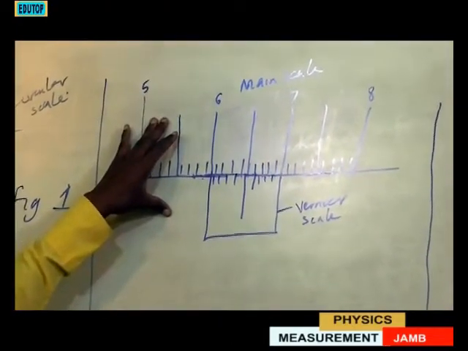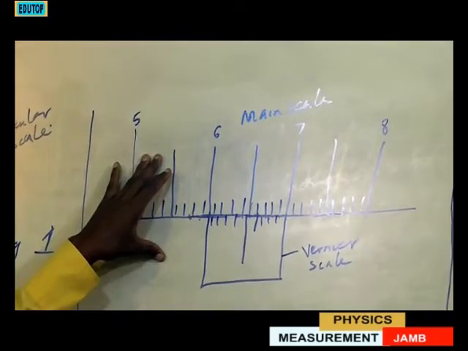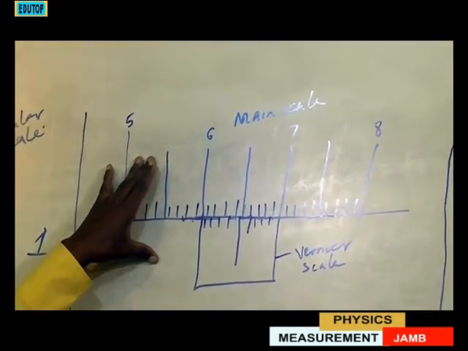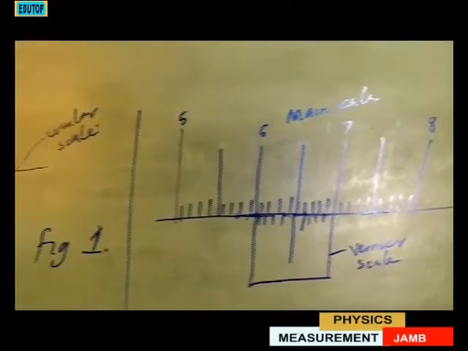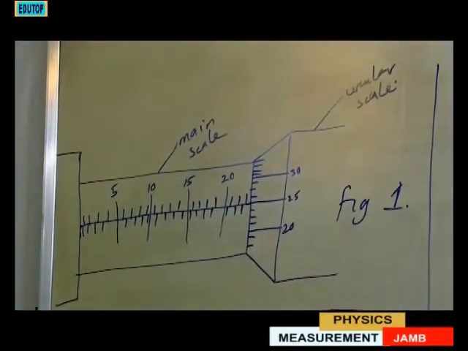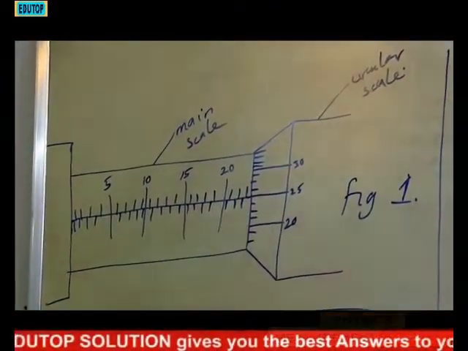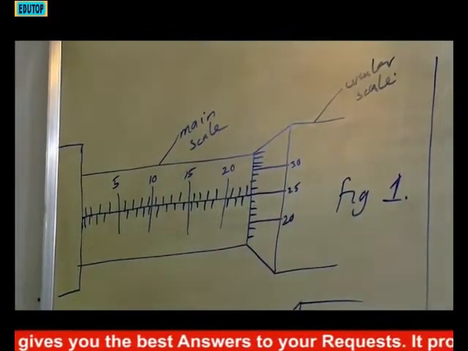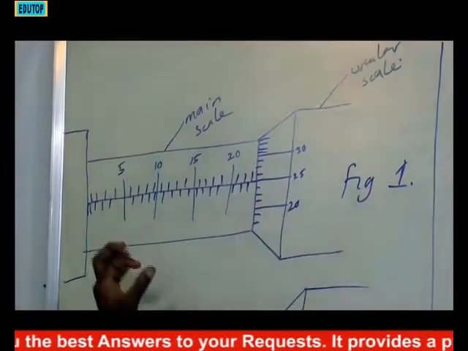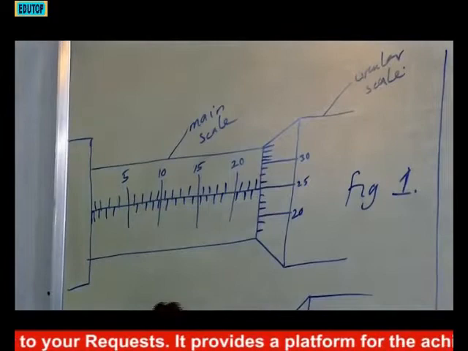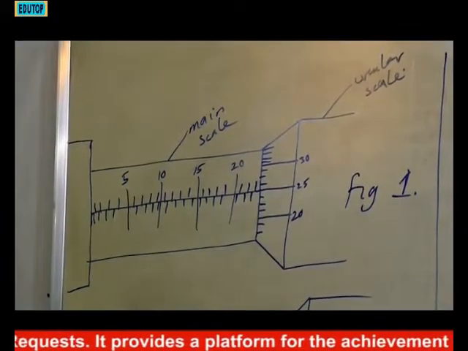These are the instruments you can use to measure the diameter of a material, or the length of a material, rather. I will quickly remind you of the function of a micrometer screw gauge. A micrometer screw gauge is an instrument we can use to measure the diameter of a material with a small diameter, like the diameter of a wire.